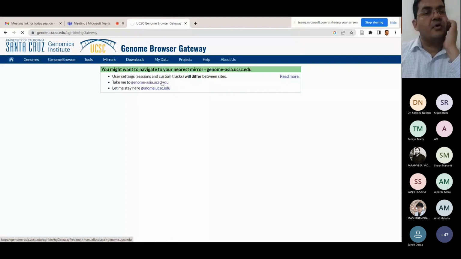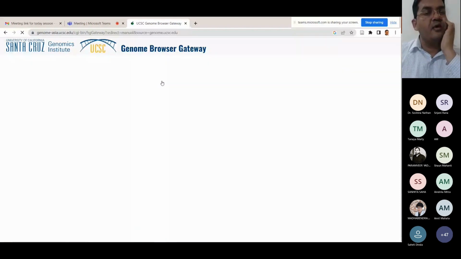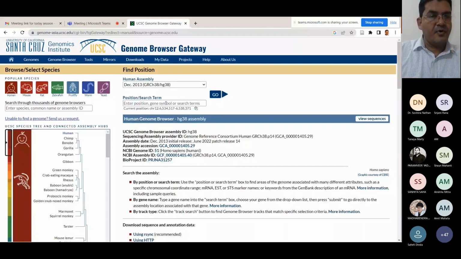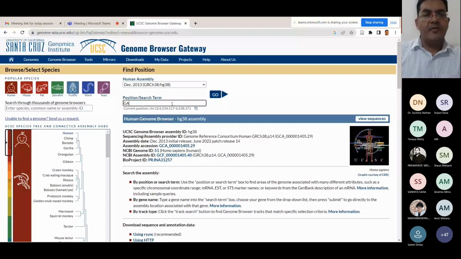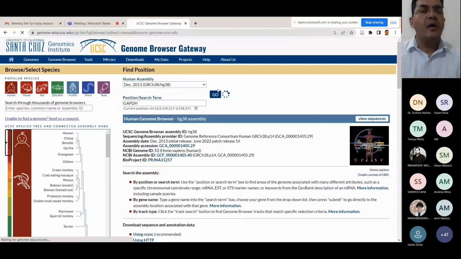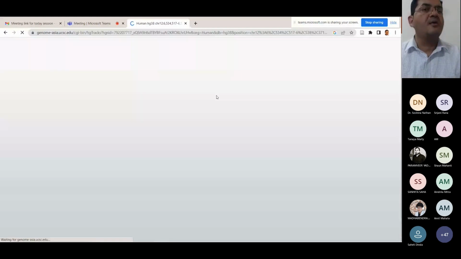And then in the genome browser you could just say it is loading human, GRCh38, you say GAPDH. Everyone with me, class? You're following? Yes, sir. So you say go, and you have your sequence now, right?